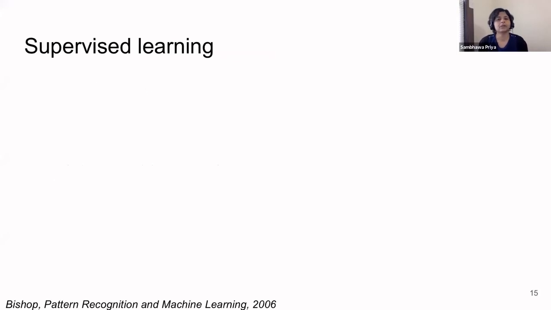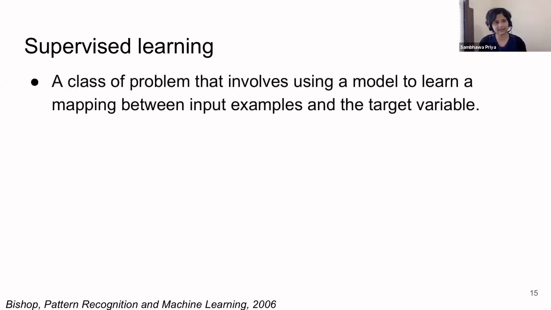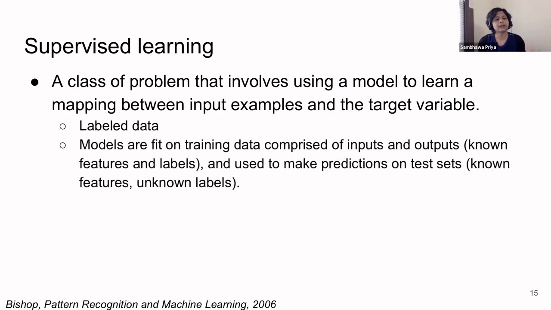So as I defined, let's look at supervised learning in a more formal sense. It's a class of problems that involves using a model to learn a mapping between input examples and the target variable. The data is labeled, and we'll see on the next slide what we mean by labeled data. The models are fit on the training data, which comprises inputs and outputs, the features and the labels.